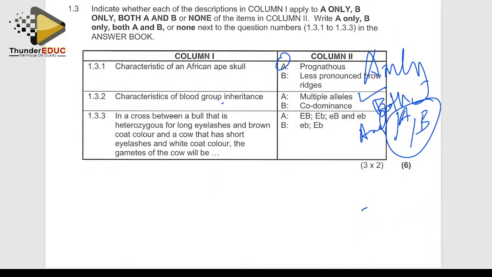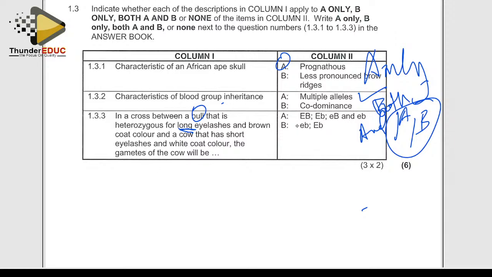Then they're saying that in a cross between the bull, remember it's a male cow, I don't know whether I'm saying it right, a male cow is heterozygous for long eyelashes and brown coat. The moment you say heterozygous, it means that long eyelashes and brown color are both dominant.